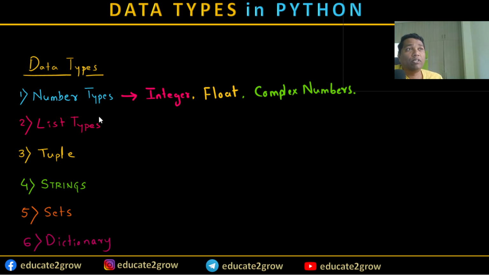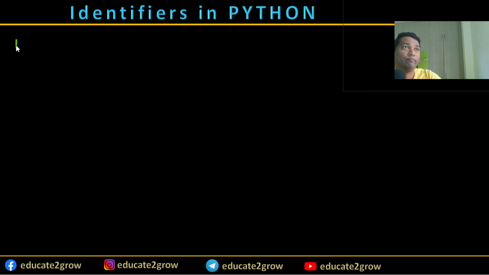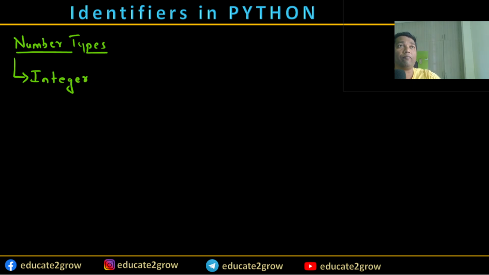Right now you see the numbering systems here. Under this we are going to study first integer, then float, then complex numbers. So first, integer. Basically the integer is a combination of positive numbers and negative numbers.